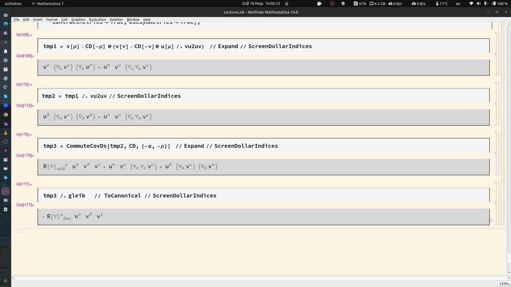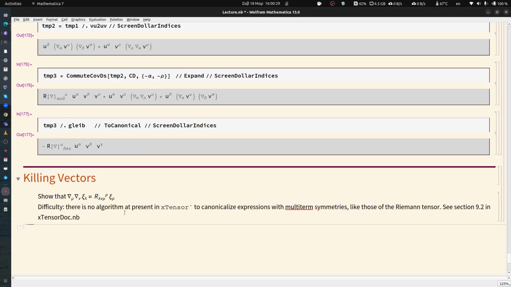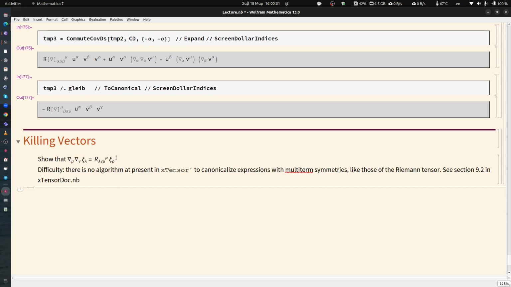So let's do another exercise. This is another exercise that I have shown you how to compute in a previous video. It states that for a Killing vector, this equation holds that d nu d nu xi is R times xi.